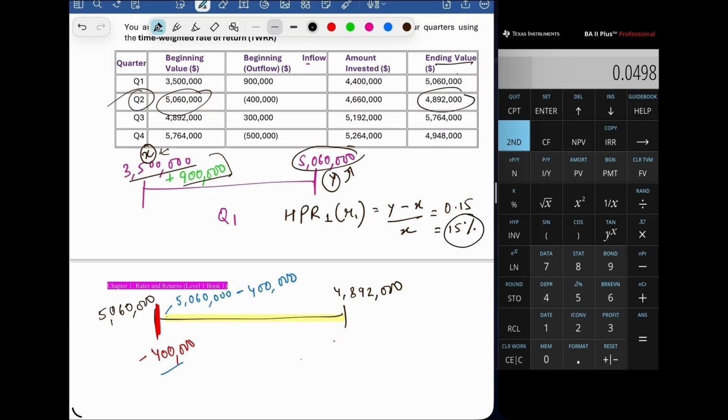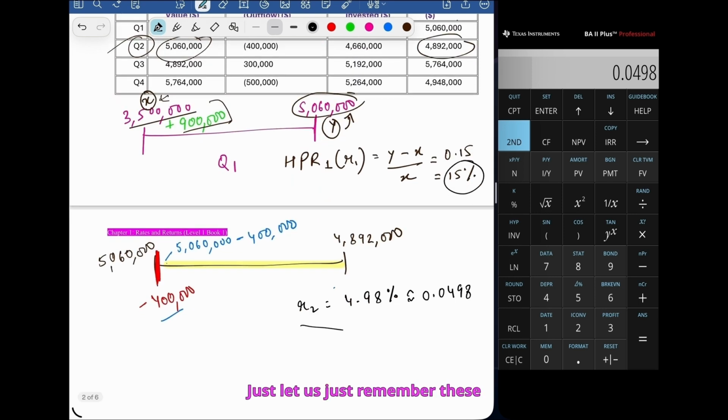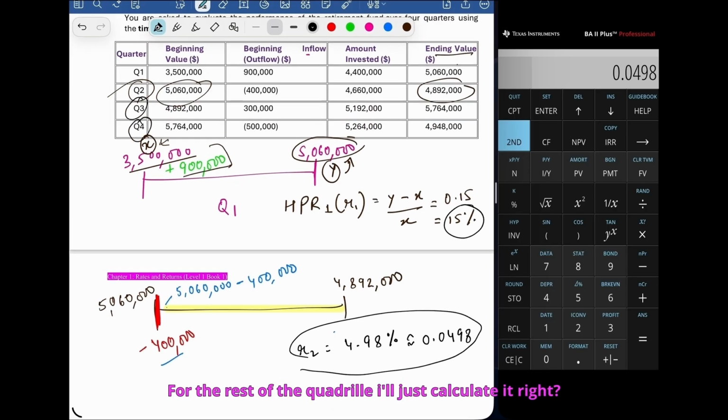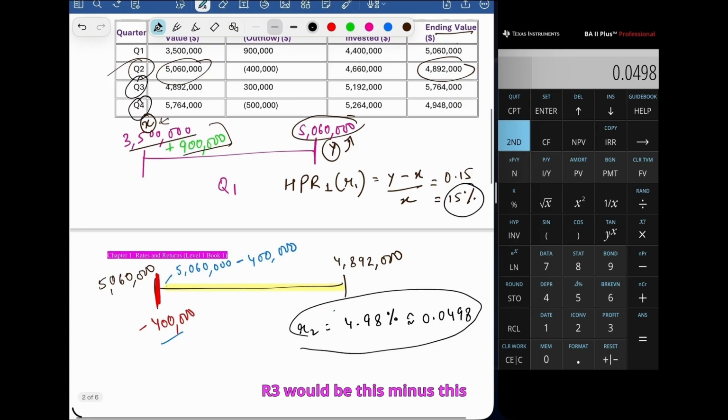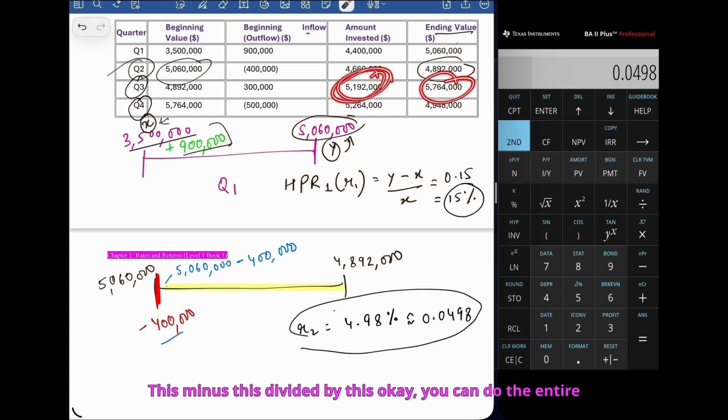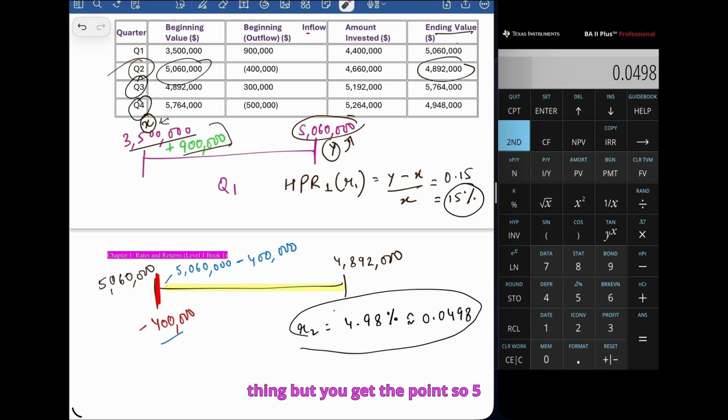R1 is this much, R2 is coming out to be 4.98%, right, or 0.0498. And let us just remember these. And for the rest of the quarter, I'll just calculate it, right? R3 would be this minus this divided by this. Okay, you can do the entire thing, but you get the point.